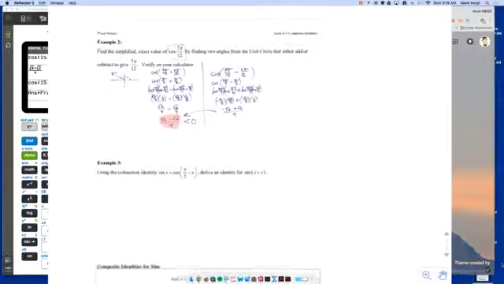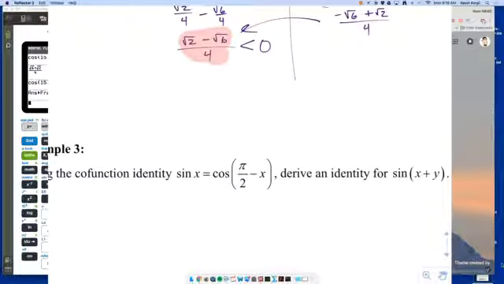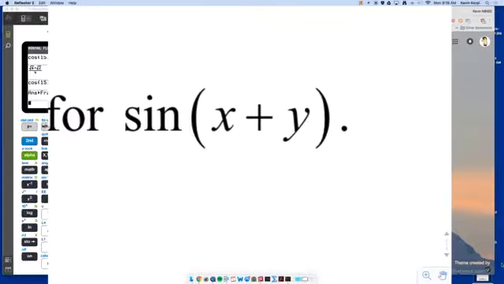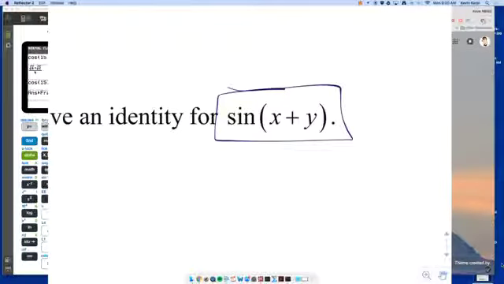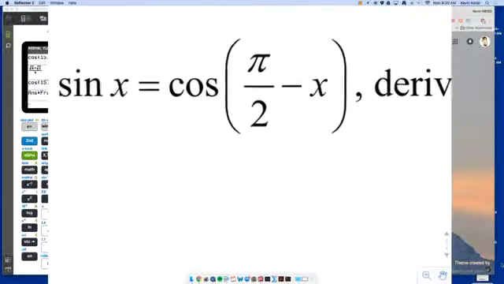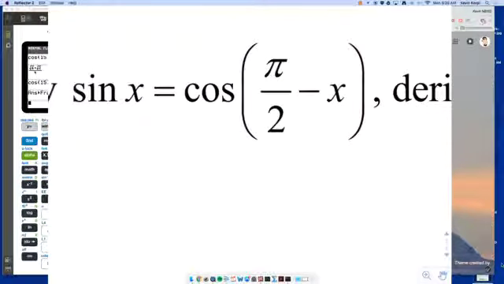Cool. All right, so we now have enough information to derive one. I had to give you the cosine one, but now we can derive the sine composite identity. So the way that we're going to derive this is by using this identity here. What identity is that called?